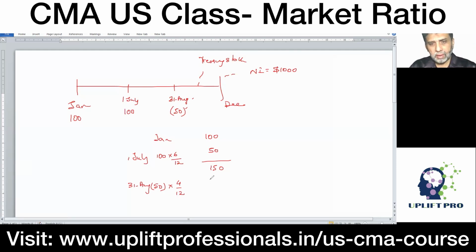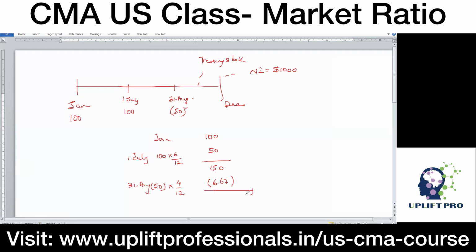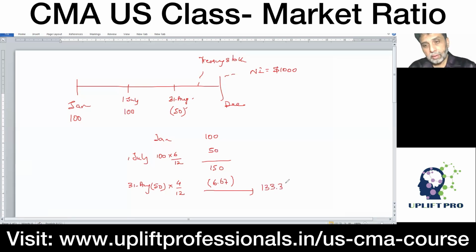Okay, let us take 16.67. You have to deduct. Okay. And then you're going to have how much? 133.34. Let us put it as 33. Okay. So the EPS is now how much? Can anybody tell me?